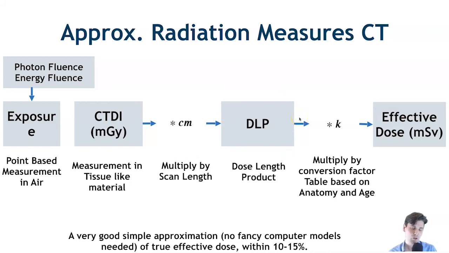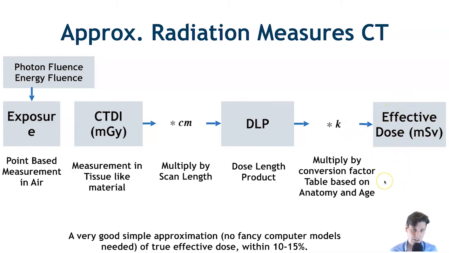We then take that dose length product, and we multiply by a conversion factor that we call K here, and that conversion factor is dependent on where in the body. So are you scanning the head or are you scanning the trunk? Depends on where in the body, and then there's just a few bins depending on age. So if you're scanning a newborn, age 0, versus if you're scanning an adult, you would have a different conversion factor here. And then that'll give you the effective dose in millisieverts.